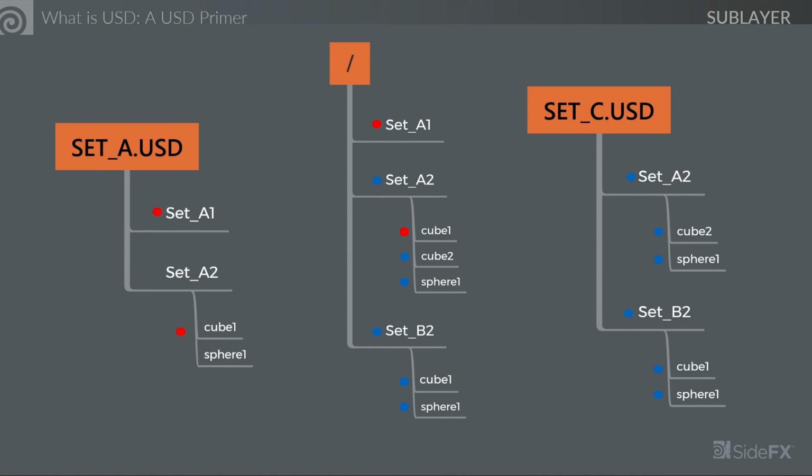You'll also notice that set A's cube 1 is coming from set A USD, because it does not exist in set C.